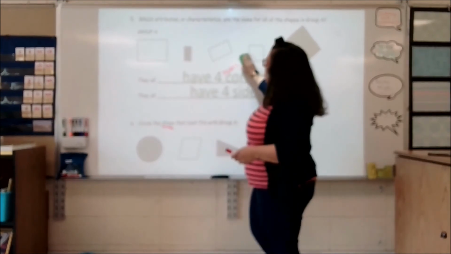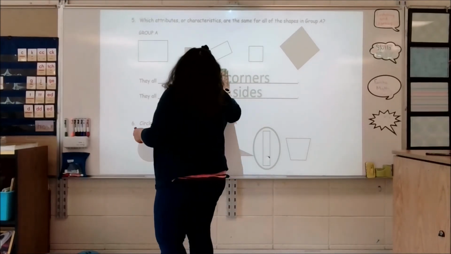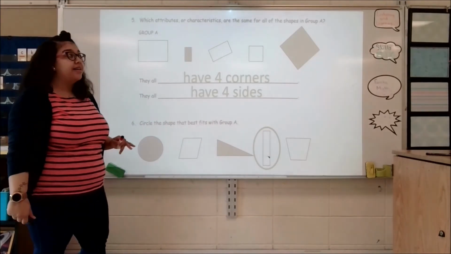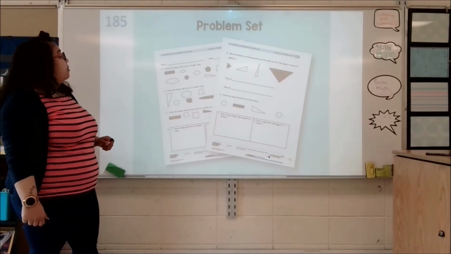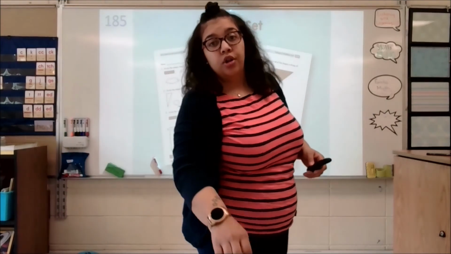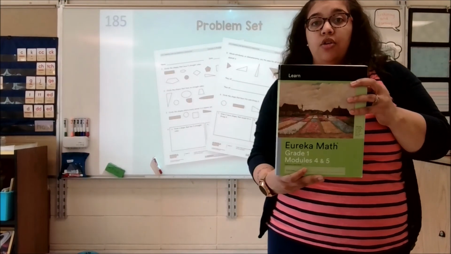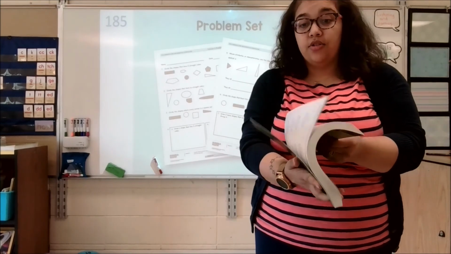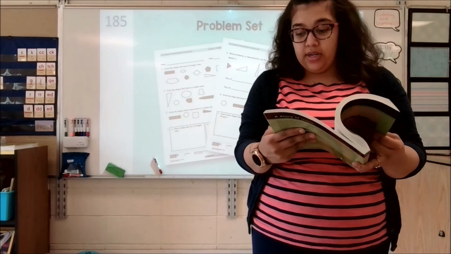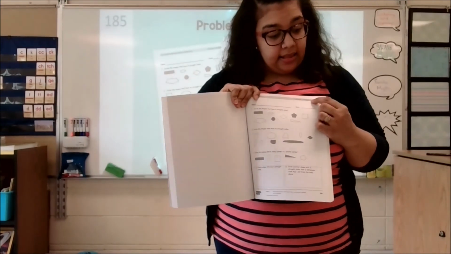So, okay. Now you are ready to practice doing a little bit of this on your own, identifying shapes. On your problem set, which can be found on page 185 in your Learn book, page 185. Remember, we are now in Module 5, so you're looking for it to tell you that you're back at Lesson 1.